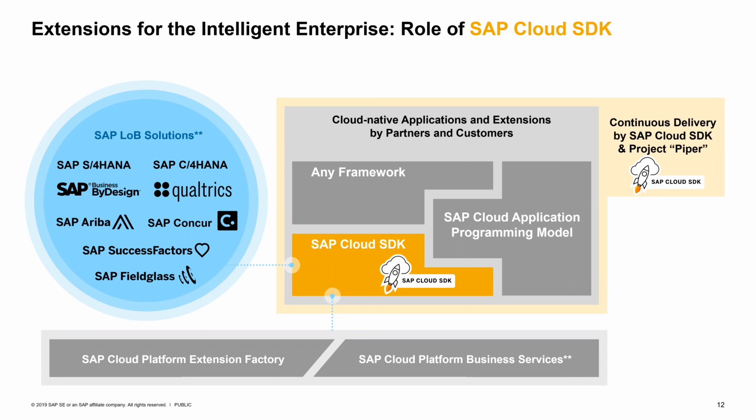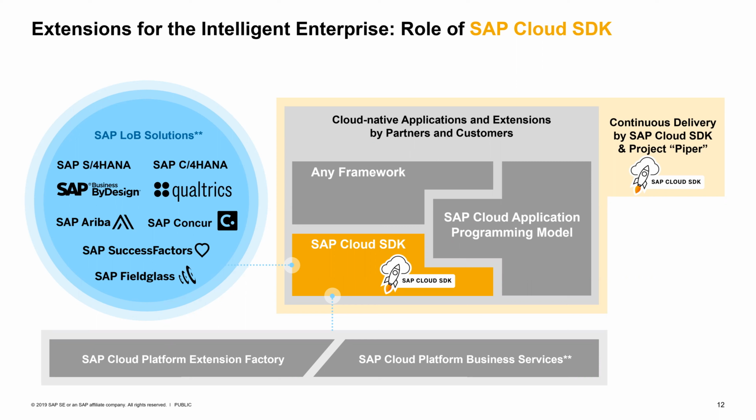It was originally specifically for S4HANA, but it now also serves other LOB solutions that you can see here, like SuccessFactors, for example. The Cloud SDK makes this communication with those systems much easier by providing abstractions. It also provides nice abstractions for SAP Cloud Platform.